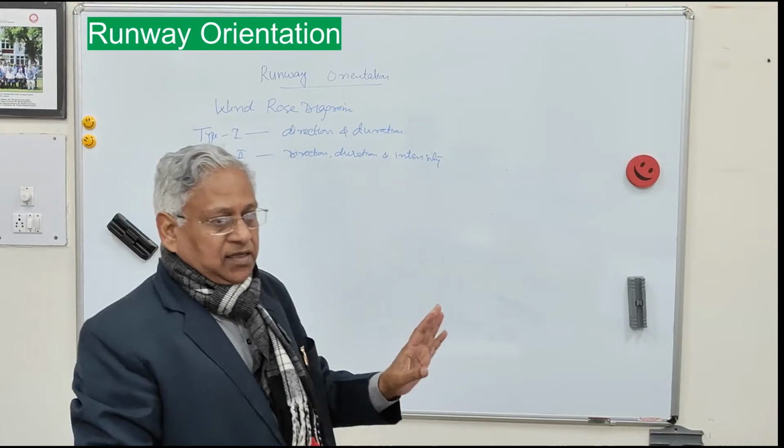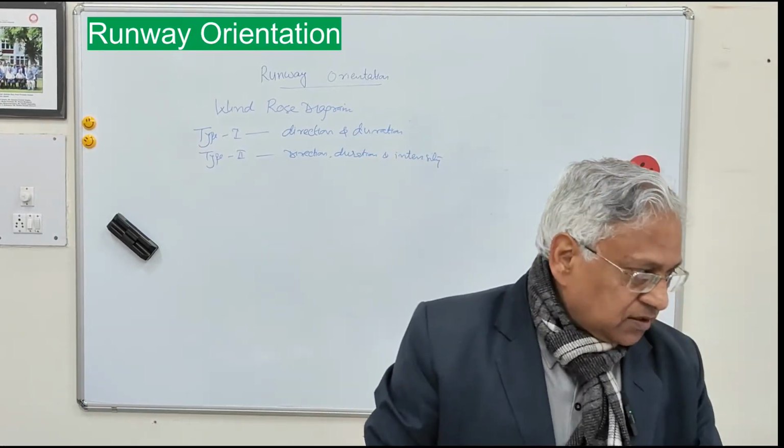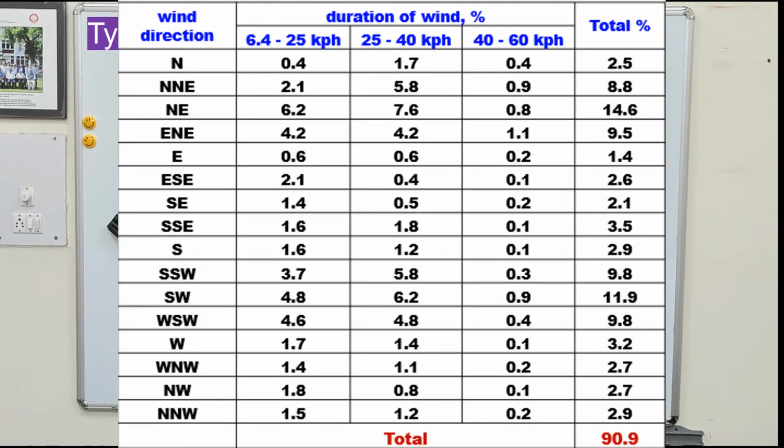So wind data are collected for a city for last, let us say, 10 years, and the average data are given in this table. So you have now 16 directions in this table, and for each direction, the duration of the wind in percent and speed of the wind in the range. Range starts from 6.4 kilometer per hour.